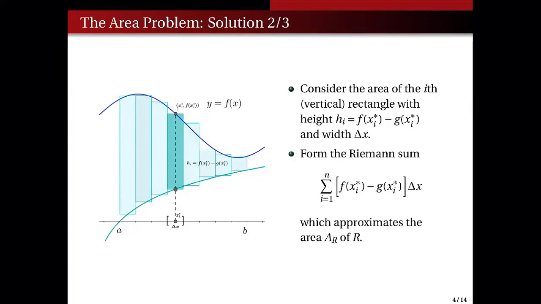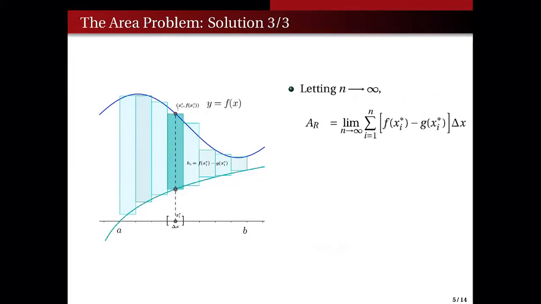So the sum will approximate the area of the region R. To remove all those discrepancies, the excess and those spaces in here, we let n go to infinity, and we will now have the actual area of the region R.